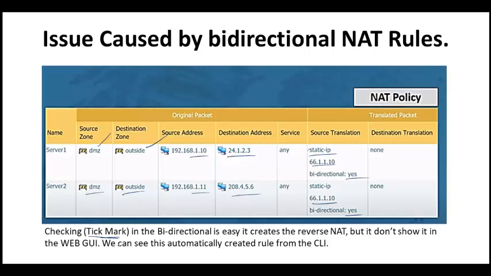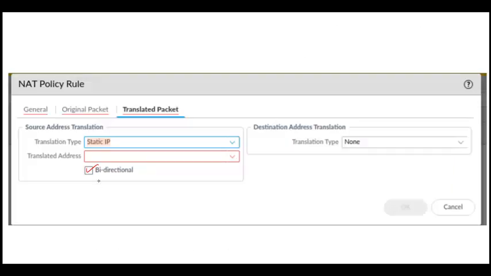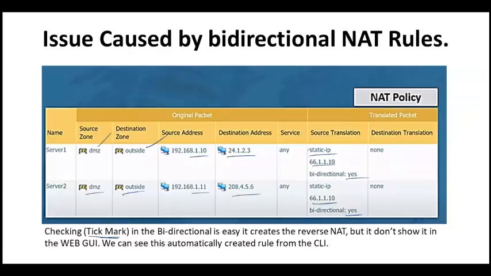So why do we create this? Why do we make a tick mark? Because you don't need to write a reverse NAT. It creates the reverse NAT, like what our Girish was saying yesterday. The destination NAT will be created for you. And you say yes here. The reverse NAT, the destination NAT.